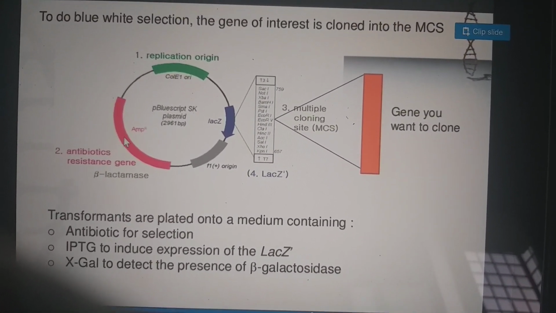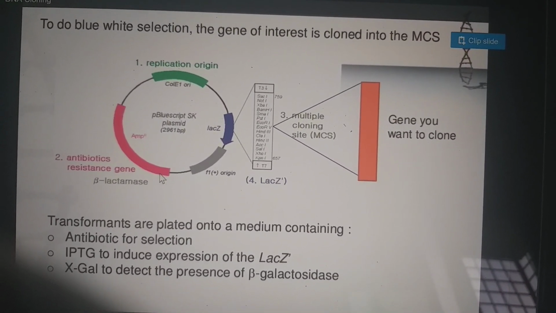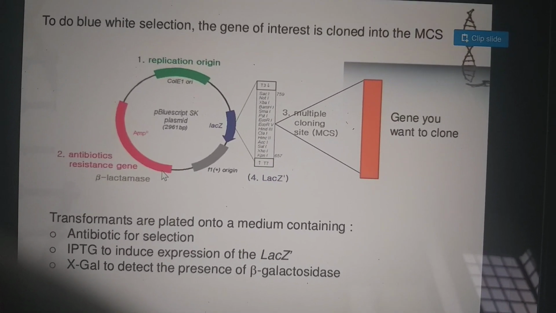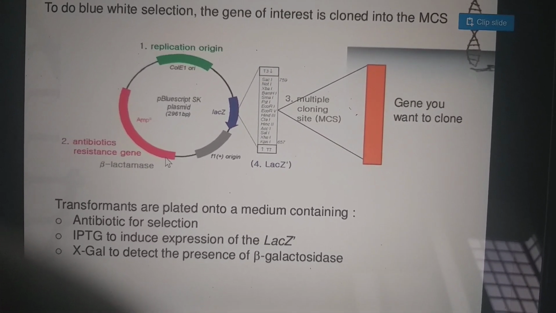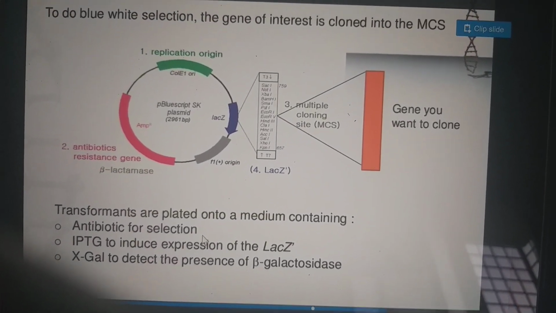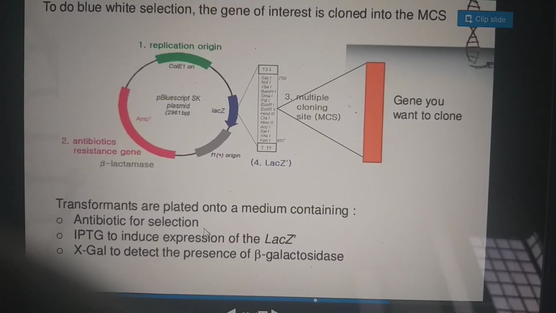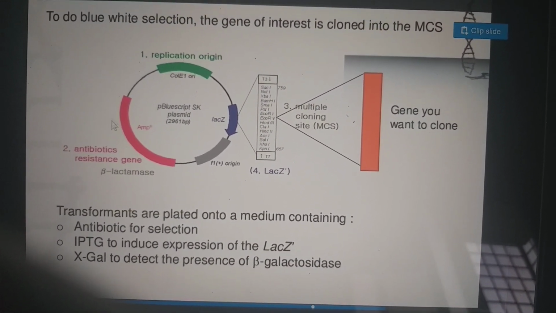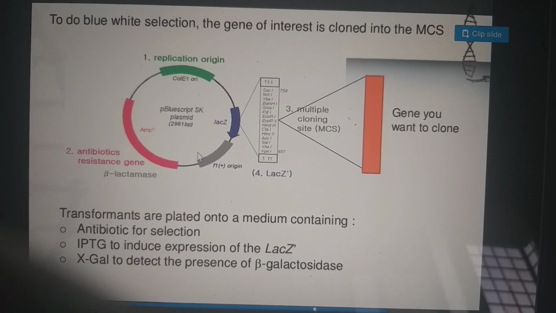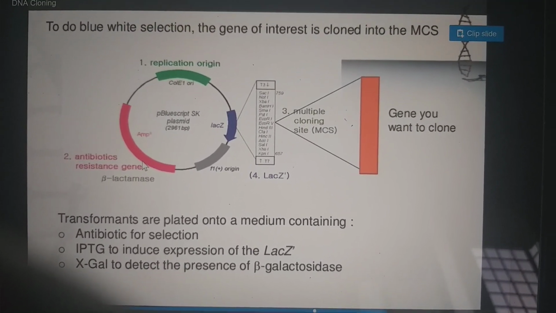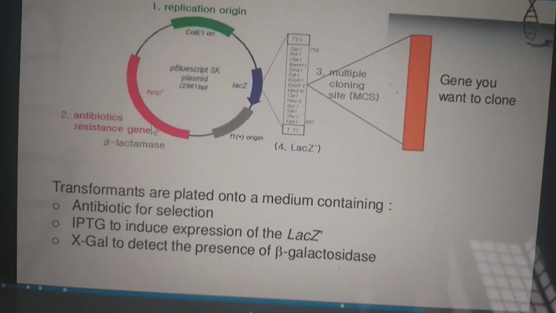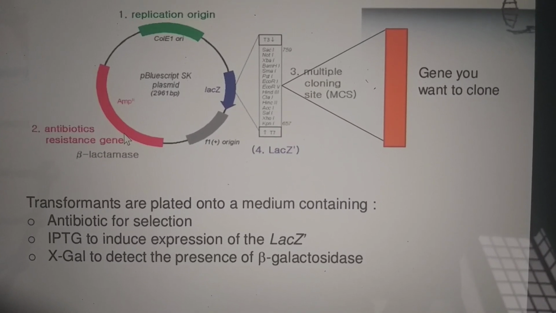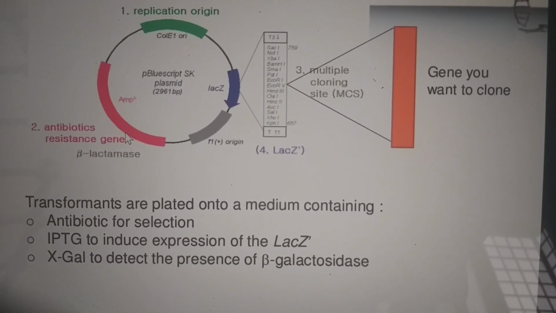You can see that there is a gene which codes for antibiotic resistance, here it is specifically mentioned that it is the ampicillin resistance gene. So you add the minimum inhibitory concentration of ampicillin in that medium, so that only the cells which have received this plasmid will be able to grow, because now these cells will show the antibiotic resistance gene, that is resistance towards ampicillin.